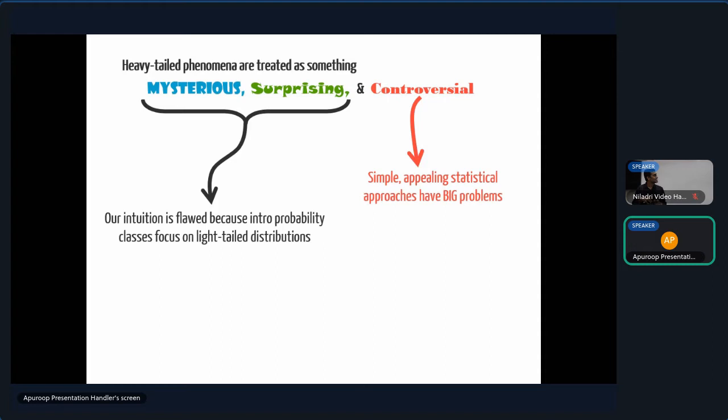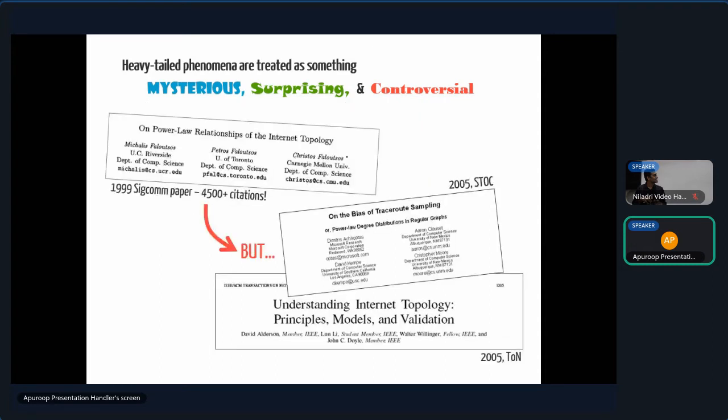But then it was learned over time that the heavy tail conclusion these authors had reported was a result of some bias built into the very measurement mechanism they were using to collect this degree information. So it was basically an artifact of the measurement mechanism rather than something fundamental about the network itself. And these kinds of stories are there not just in the internet space, but in various other spaces as well.